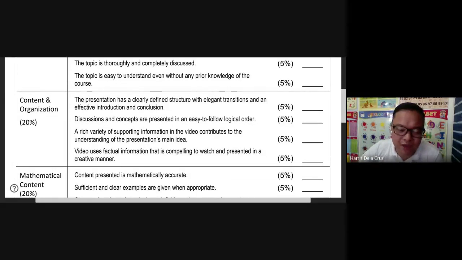Video use factual information that is compelling to watch and presented in a creative manner. So although this is educational, of course we want as much as possible only the truth to be presented in a very creative presentation. We want to maintain the viewership, the attention of the viewer, so we can give them the information we want them to get. We need to capture and sustain their attention.